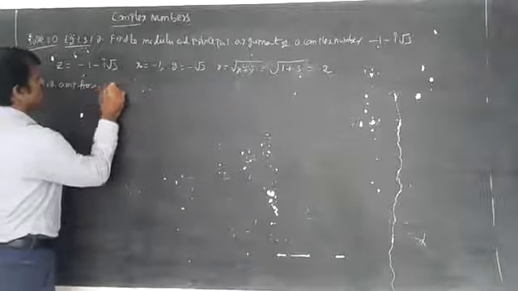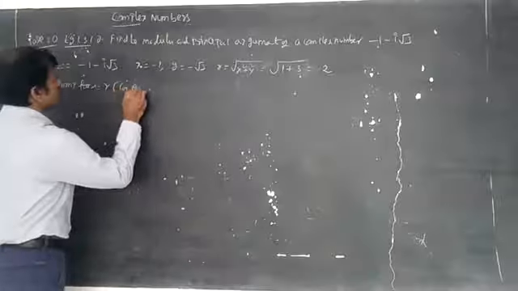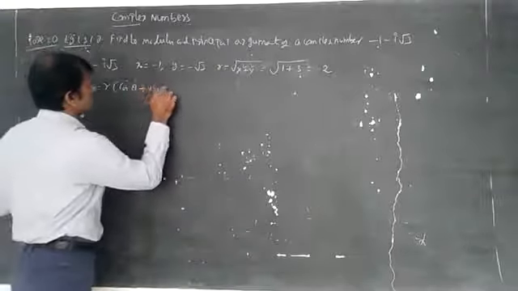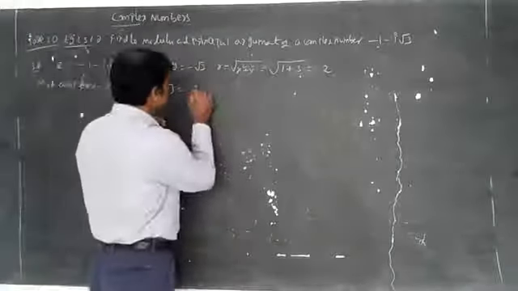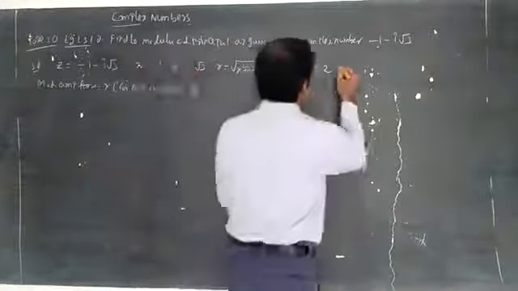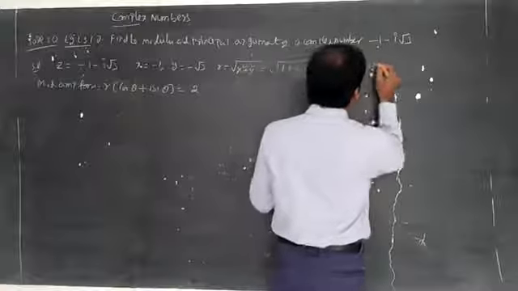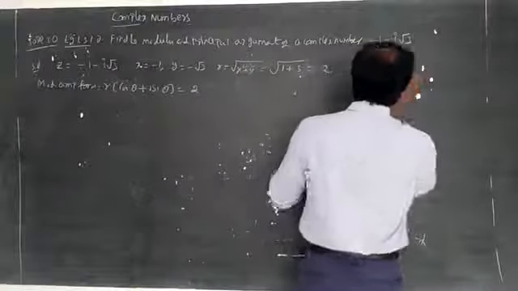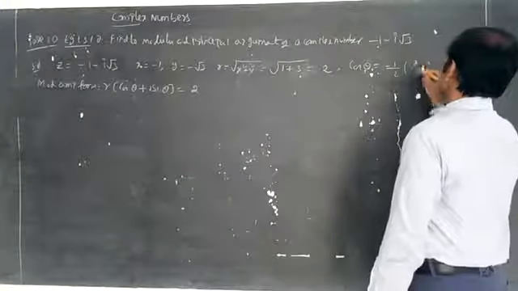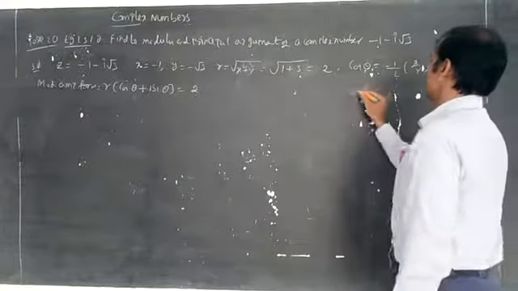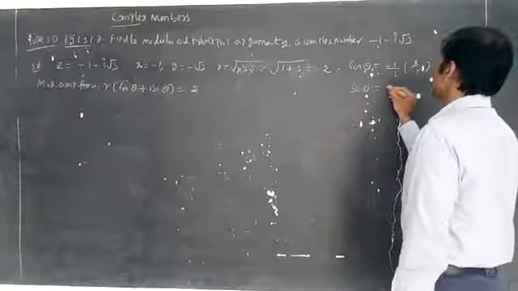Mod amp form is equal to R into cos theta plus I sin theta. So what is R here? 2 into. So what is cos theta? You can understand cos theta is equal to x by r, and sin theta is equal to y by r.